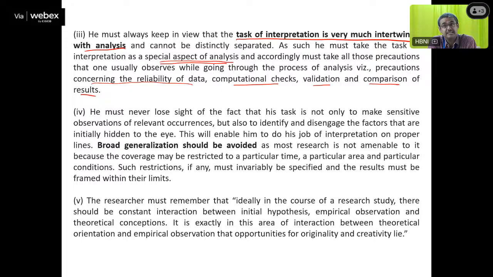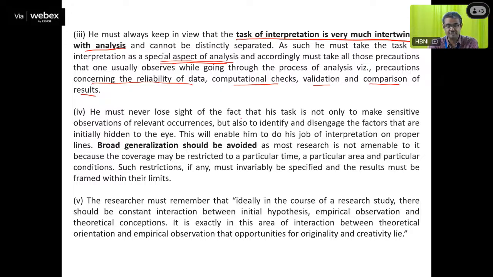You do computational checks, validation of your data, and comparison of results. All those things you are doing during analysis itself, and at that stage the interpretation of your data is starting. So it's not a clear-cut boundary between analysis and interpretation. Instead, it's a continuous process.